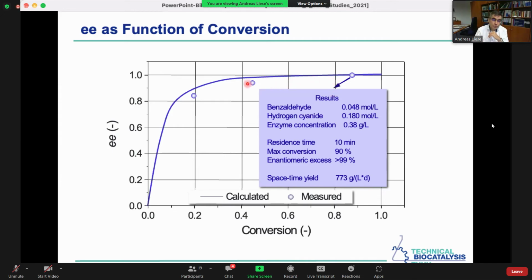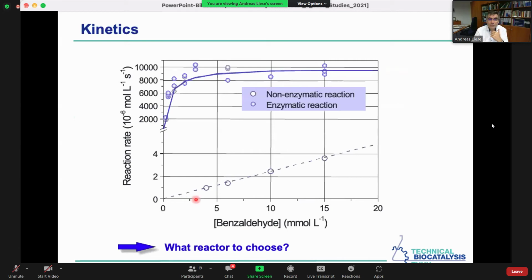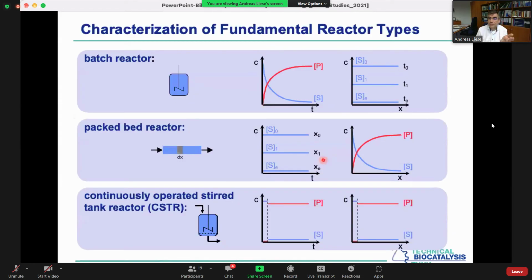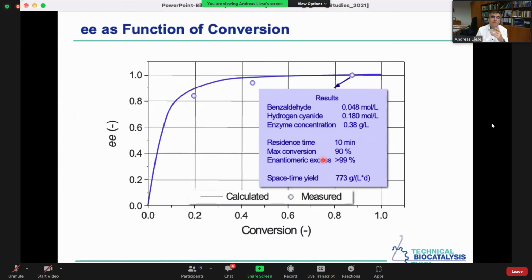If conversion is dropping, in consequence we have a higher amount of residual starting material, meaning that in this plot we're moving to the right side, the differentiation between enzyme-catalyzed and non-enzyme-catalyzed gets smaller, so we're producing more racemic side product that is destroying our enantiomeric excess. Okay, I hope everyone understood this.